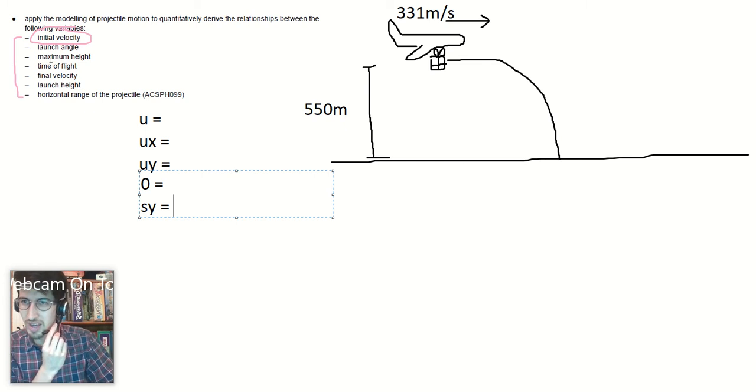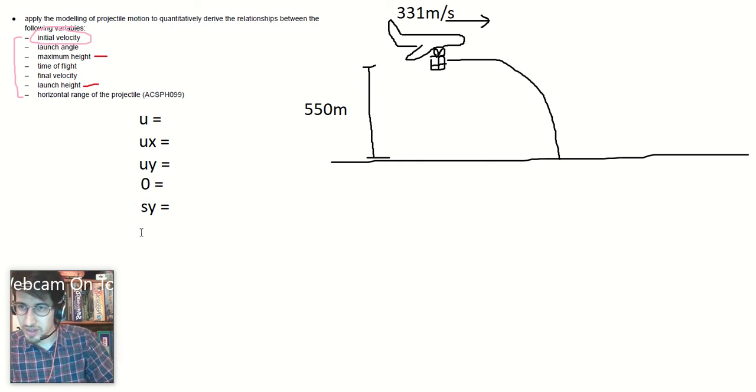Now, up here it asks for maximum height, and it also asks for launch height. In this case, the launch height and the maximum height happen to be the same because it starts at maximum height here and only goes lower from there. For other problems, these could be different things. So I'm just going to write sy to stand for both of those.